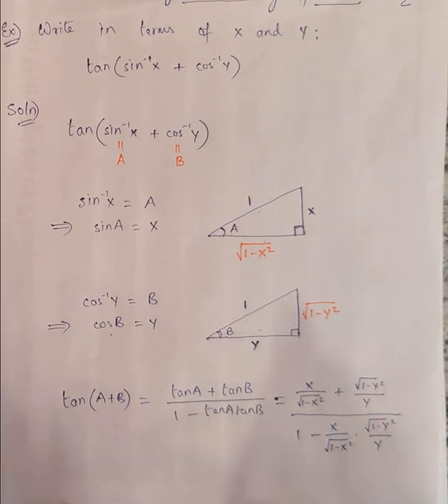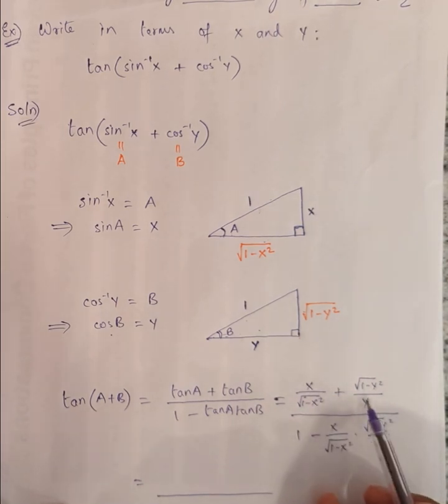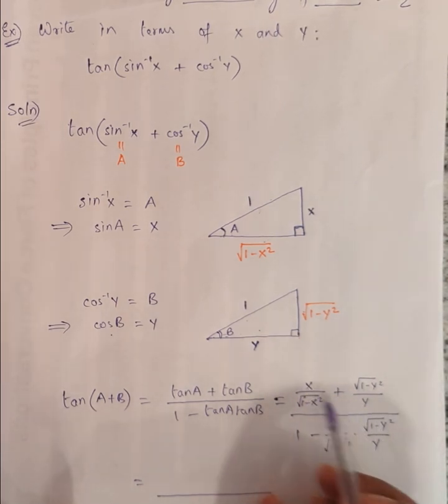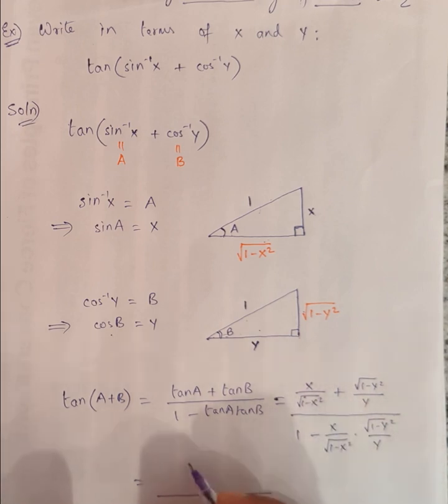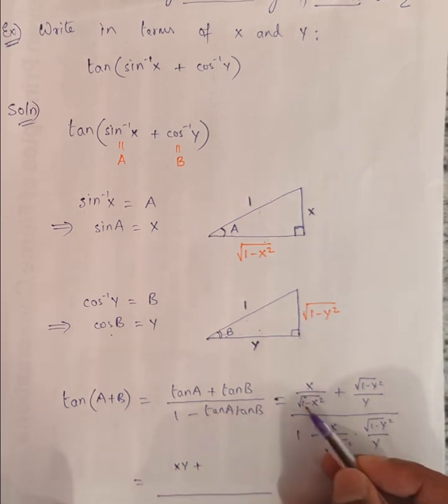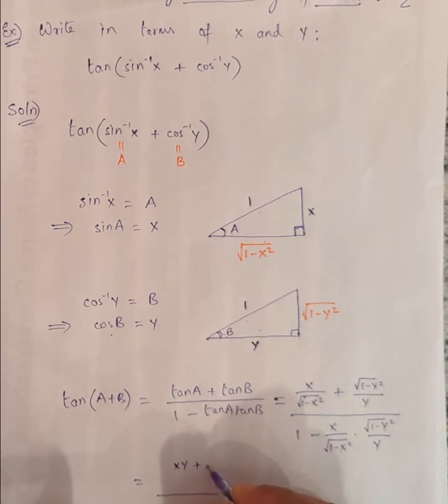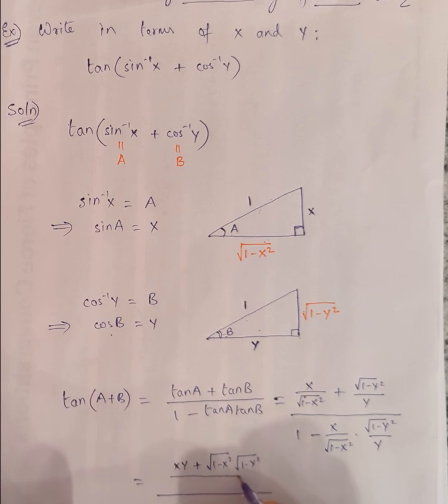All right, it's time to simplify the expression. So the numerator consists of these two fractions that have to be combined. So we can cross multiply. It's going to be xy plus, we multiply these two, so it's square root of 1 minus x square, square root of 1 minus y square, and then the denominator is the product of the denominators, which is square root of 1 minus x square times y.